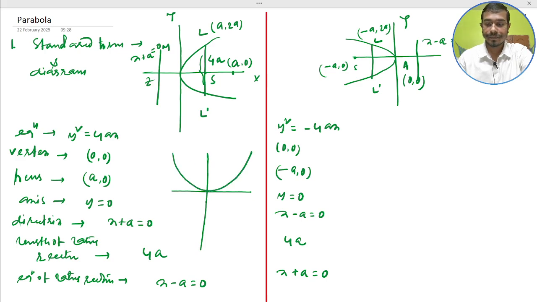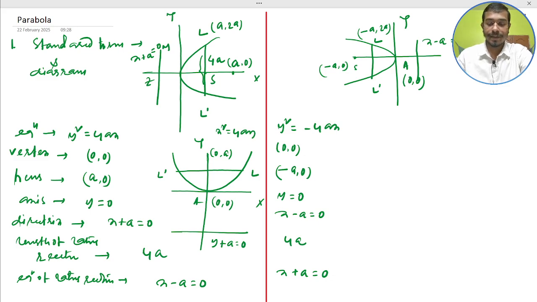Here this one becomes y plus a equal to 0. This is same. The L and L dashed. This is the 0, a. Okay. This is basically a, that is 0, 0. This is x and the y. And this is the equation of x square equal to 4ay.